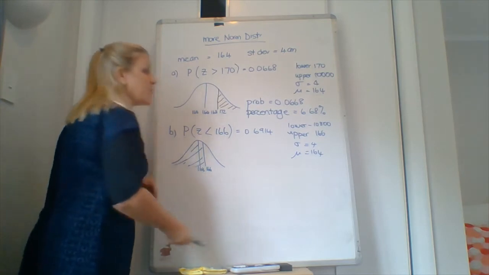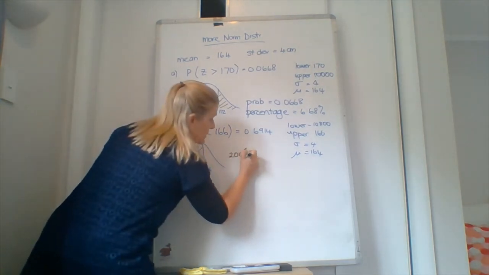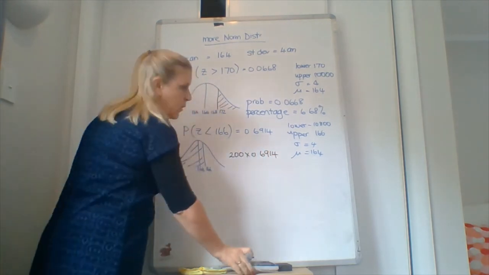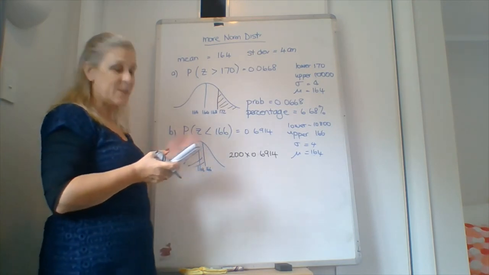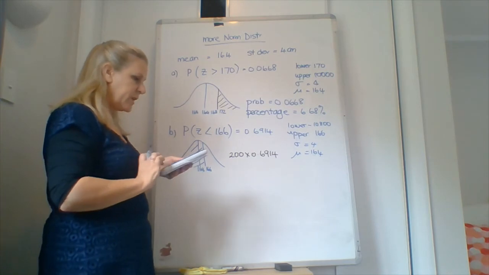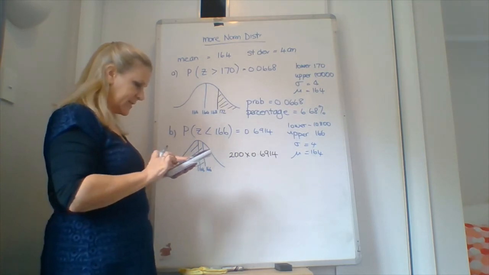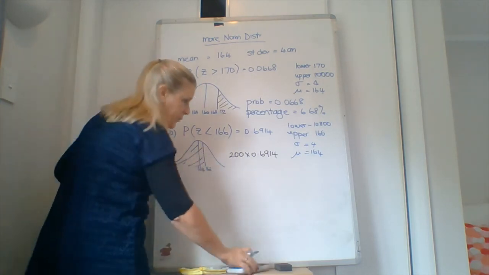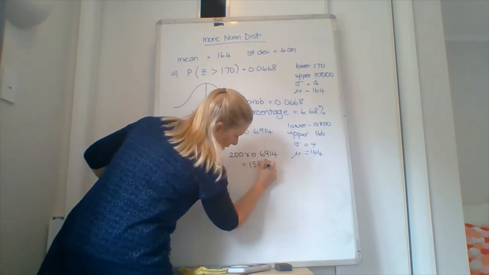Now, they said it was out of 200 students. So if you would have 200 students, you're going to have 200 students times 0.6914. They want to know how many would be expected out of 200. So we have to go back to our original menu and do 200 times 0.6914, which is 138.28.